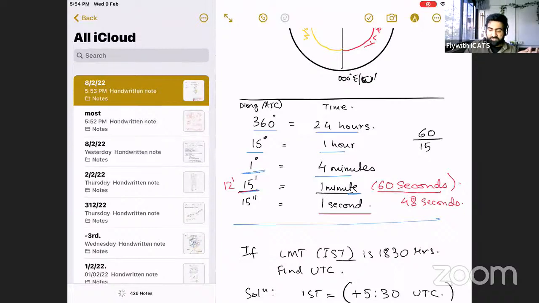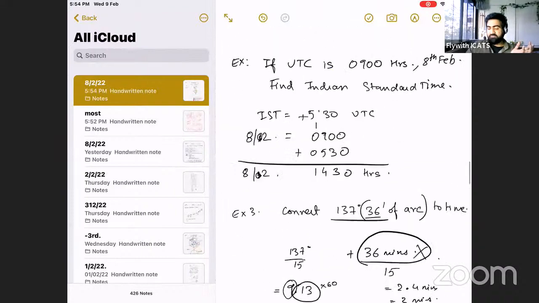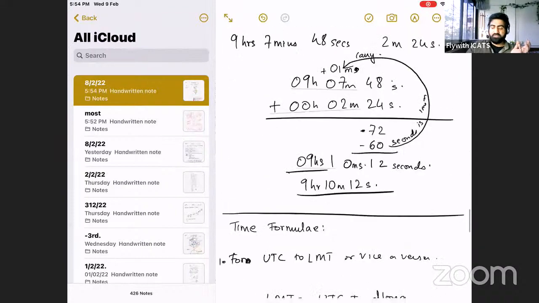This is the equation here. If you are getting minutes in your DMS, then you have to divide it by 15. And if you are getting degrees, the same, you have to divide by 15. And then we get our answers the way we want them.